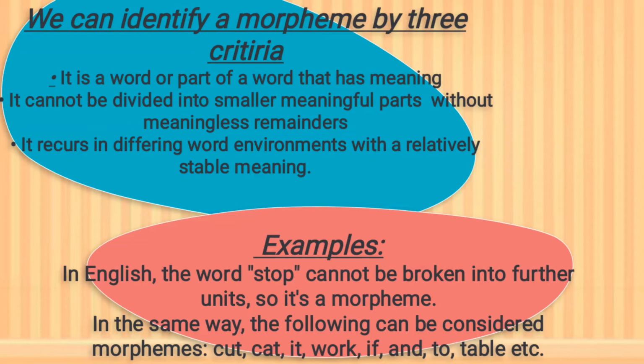It recurs in different word environments with relatively stable meaning. Examples: in English, the word stop cannot be broken into further units, so it's a morpheme. In the same way, the following can be considered morphemes: cut, cat, it, work, if, to, table, etc.